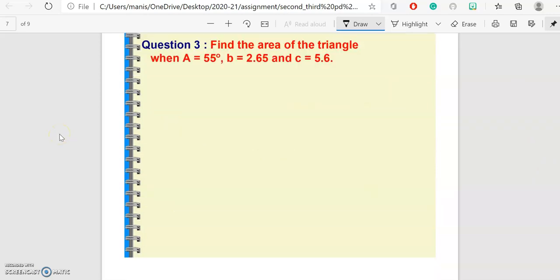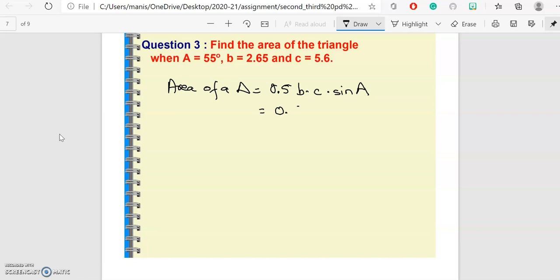Now this question says find the area of the triangle when A is 55 degrees, B is 2.65 and C is 5.6. So I will write my formula. Area of a triangle is equal to 0.5 B times C times sine of A. And you can see it is the correct formula, B, C and the included angle is A over here.